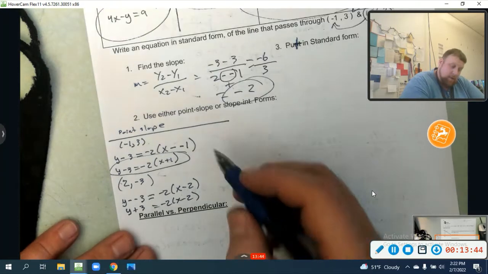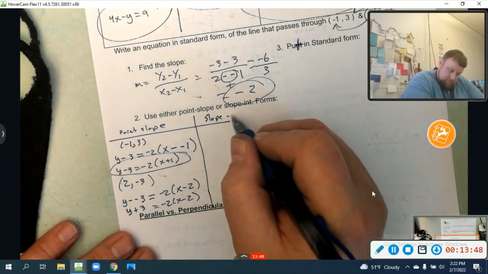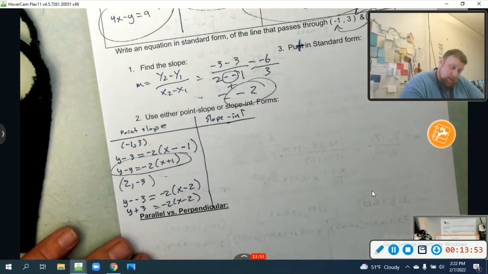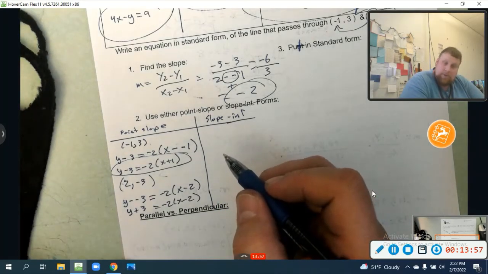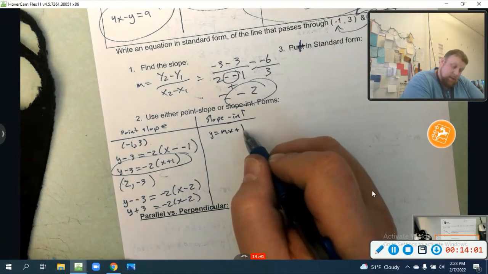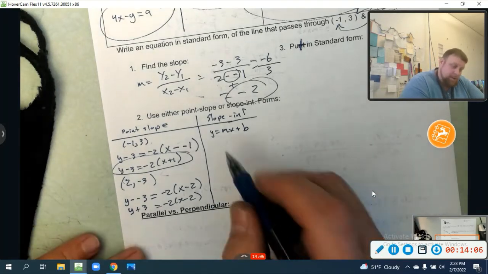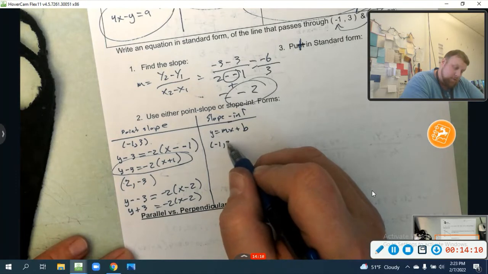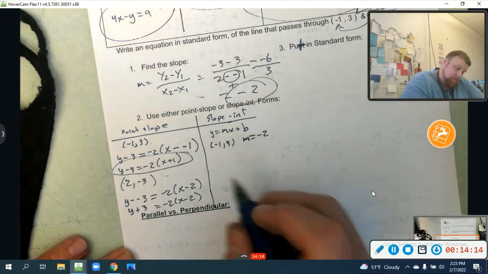All right. If I'm going to do slope-intercept, then I'm going to need to use a little bit of substitution, right? I know that y equals mx plus b. And again, we just pick one of our points. Both will come out with the same b, but I'm just going to do one. So I'm going to do it for the point negative 1, 3, and m equals negative 2.